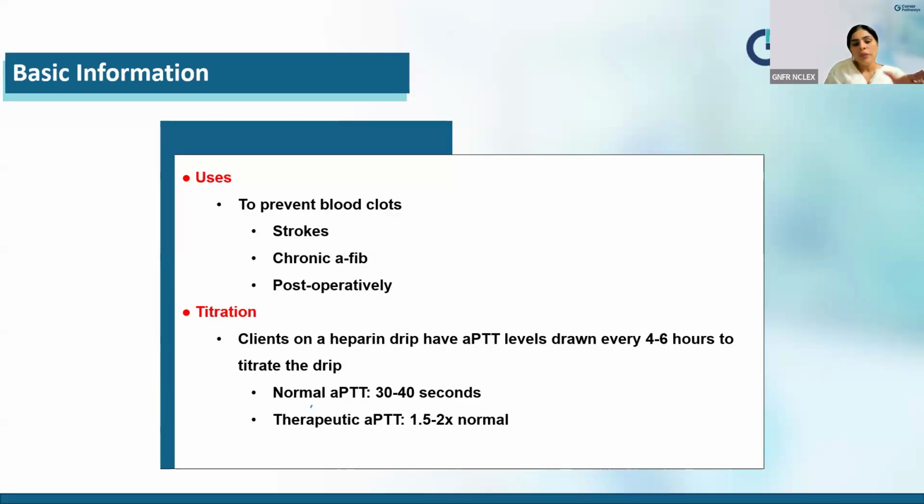So we always prescribe heparin to the patient in stroke, because the clot formation is inside our body. And in atrial fibrillation, what happens?